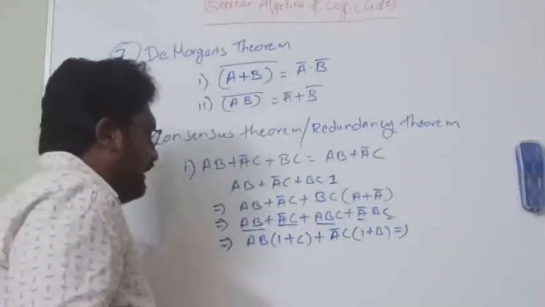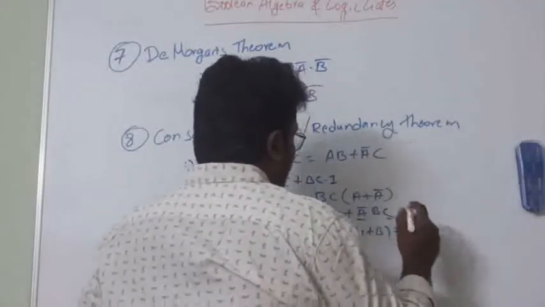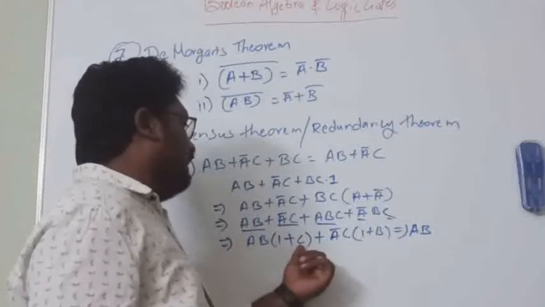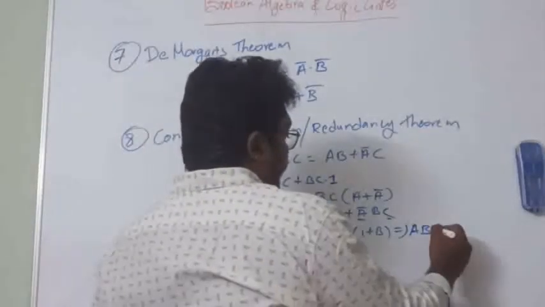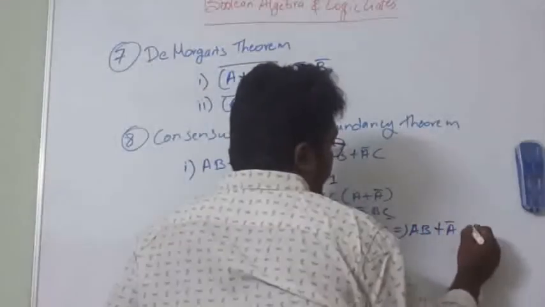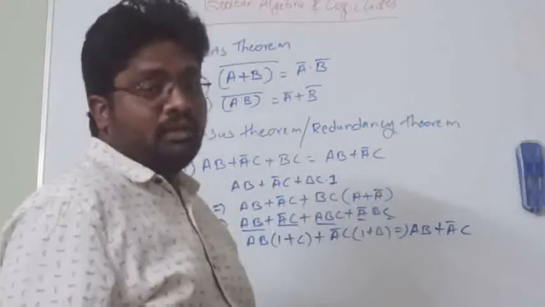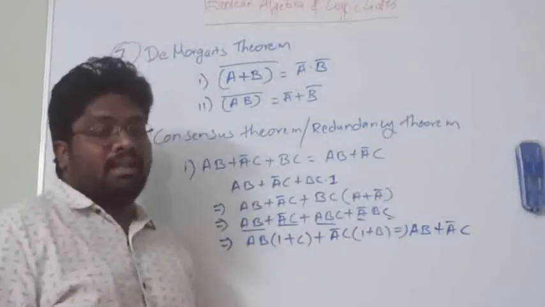So this implies AB times 1 plus A bar C times 1. If we have any value ORed with 1, then the output will be 1 for our OR operation, that is AB plus A bar C. This is our RHS. So this is how we solve the redundancy theorem or the consensus theorem.